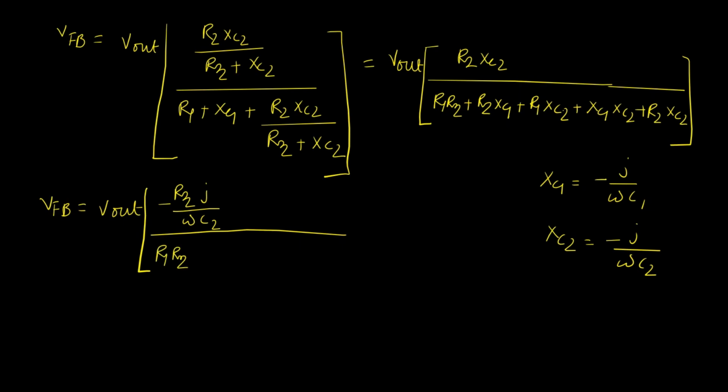From XC1 XC2 we get minus 1 by omega square C1 C2, minus R2 into j by omega C1, minus j R1 by omega C2, minus j R2 by omega C2.